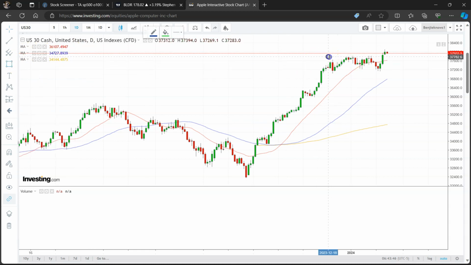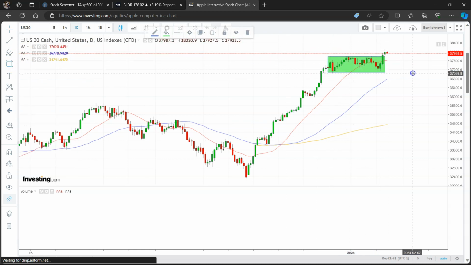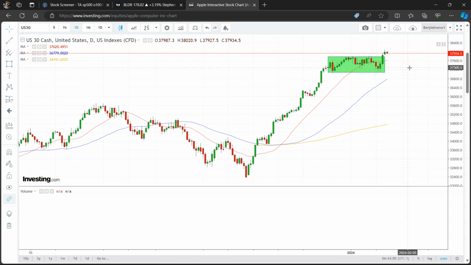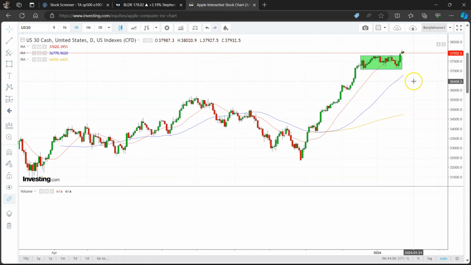So this will be a breakout higher. The only question is whether it can stay above this rectangle breakout. So simple support and resistance analysis will tell you that the market is strong and bullish as long as it's above this area.